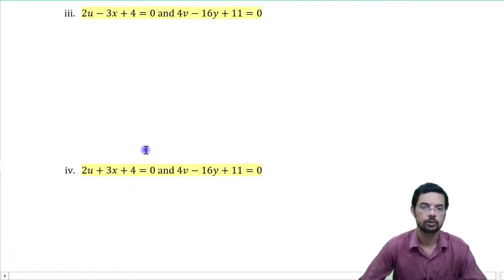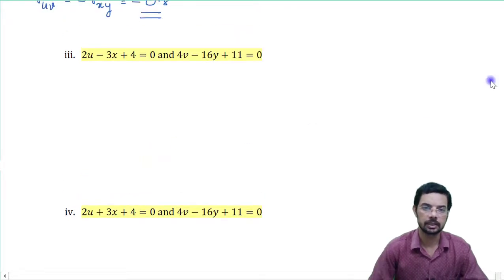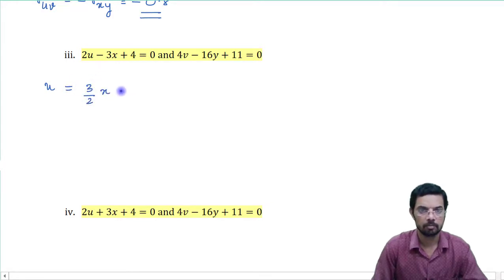Okay, next question in this case is u will be equal to, I can isolate u as 3 by 2 into x minus 4 by 2, and v can be written as 16 by 4 y minus 11 by 4.